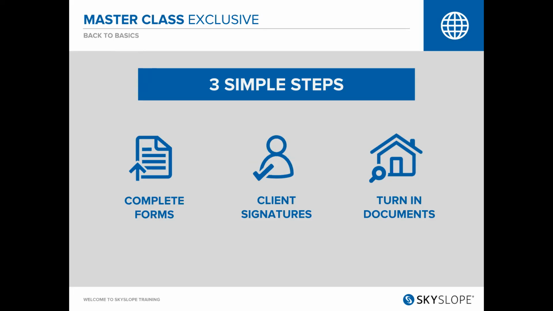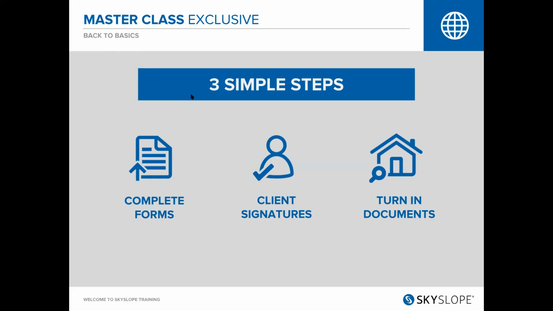We'll talk about how you can get your clients' signatures on those forms using our digital signature tool, which is DigiSign. And then we'll talk about how you can turn in those documents to the staff within the SkySlope system, so at all times, you know exactly what's going on with your files.